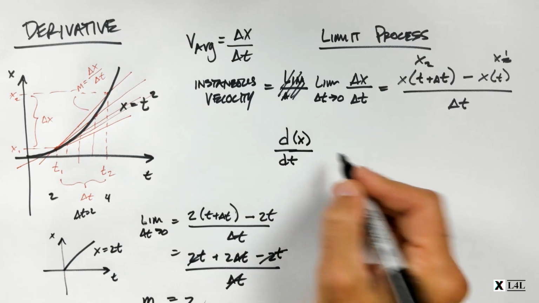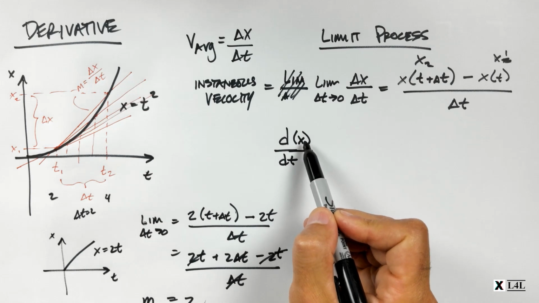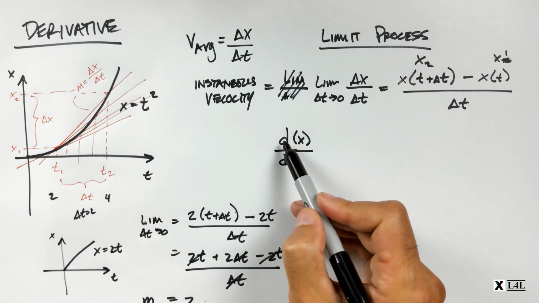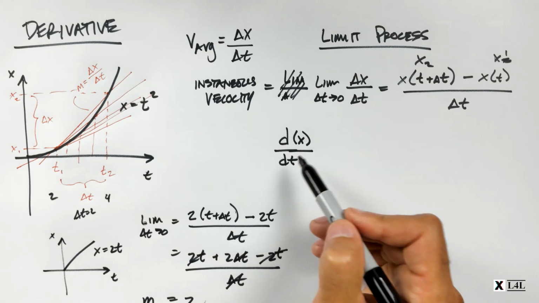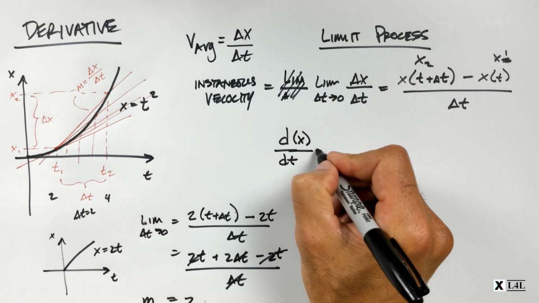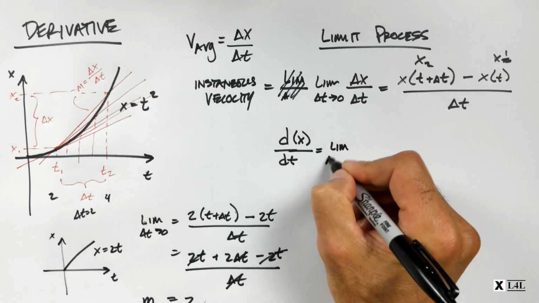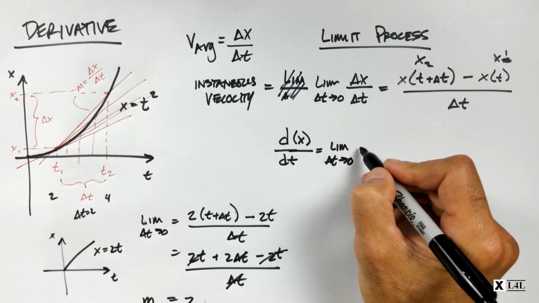So what we're really saying here is we're going to take the derivative of the x function, or position function, with respect to time. That's how you say that. So dx dt is the derivative of the position function with respect to time, which in this case, again, we're just working on the limit aspect of things as delta t approaches 0.